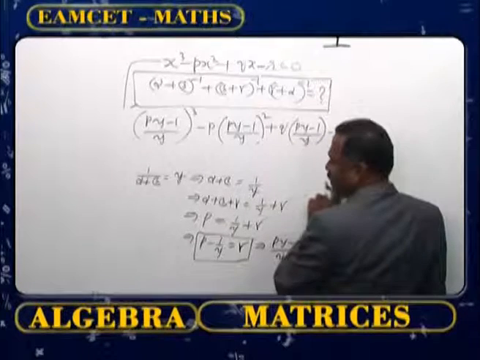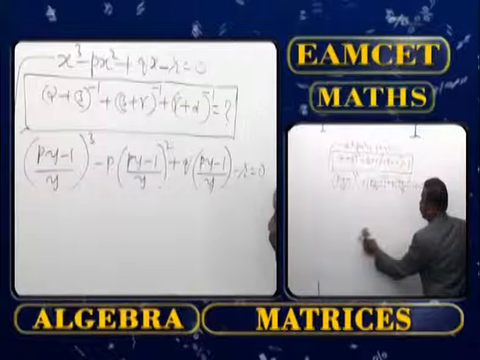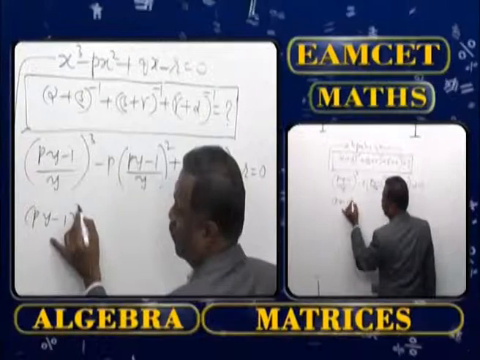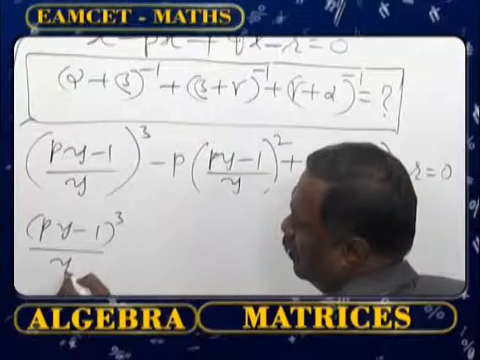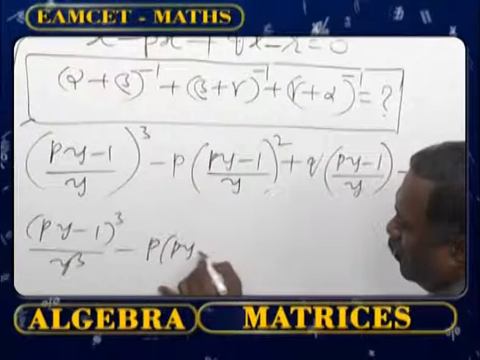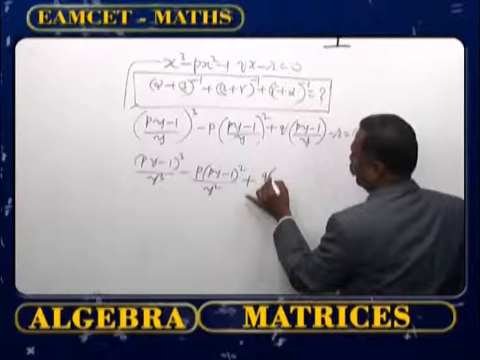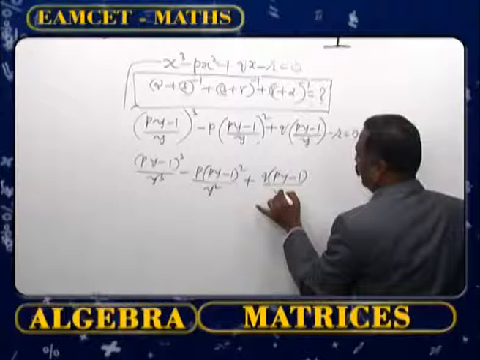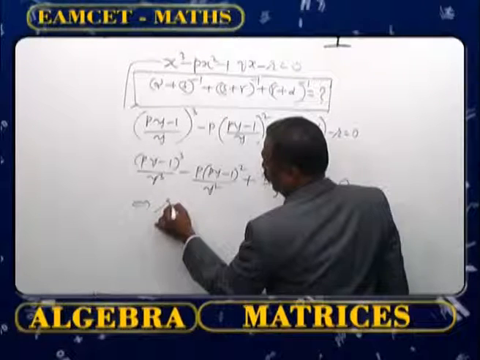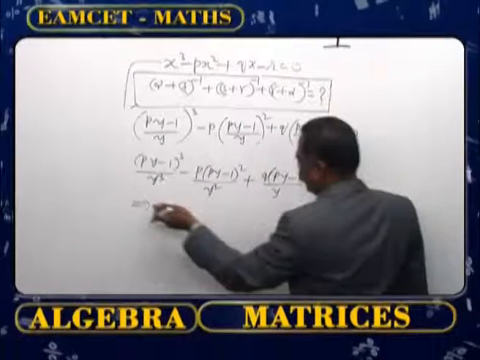So what do you understand by this one? Simple. It is nothing but (py minus 1) whole cube divided by y cube minus p into (py minus 1) whole square divided by y square plus q into (py minus 1) upon y minus r equal to 0. If you take LCM, it will be ry cube, this one, ry cube. Otherwise, take LCM and cross multiply, that becomes 0 anyway.